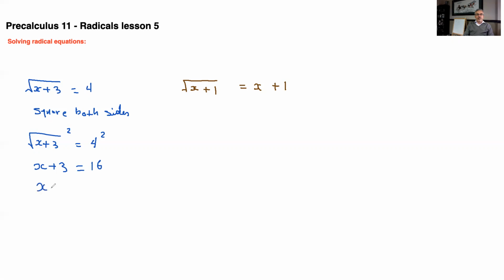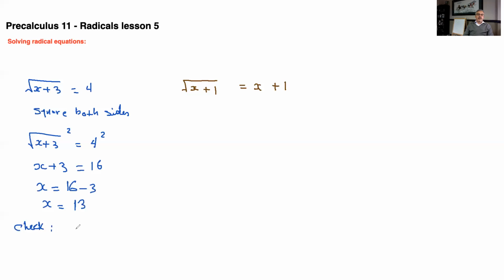So I move the 3 to the other side, and it becomes 16 minus 3. So x equals 13. Always when you get to your final answer, you have to check to make sure it's not an extraneous root.